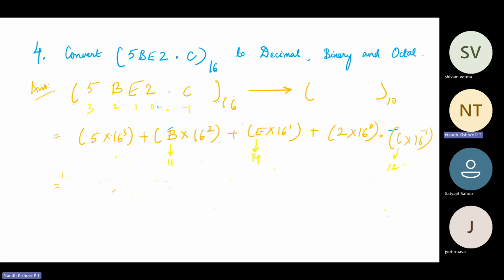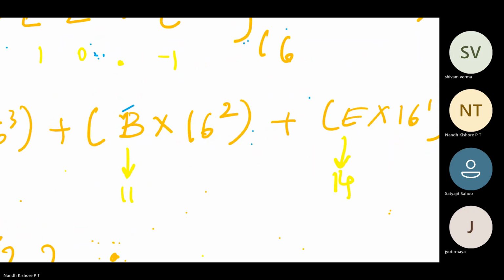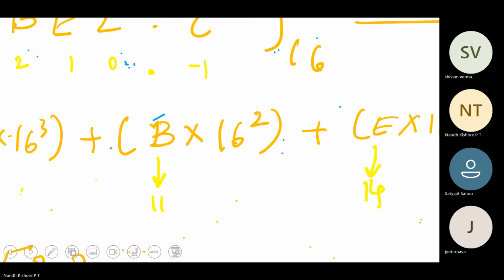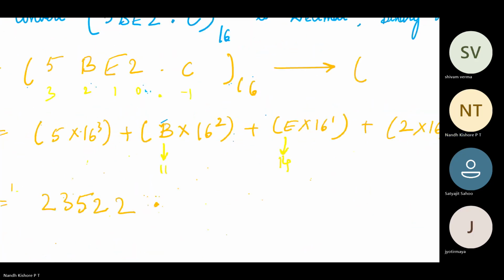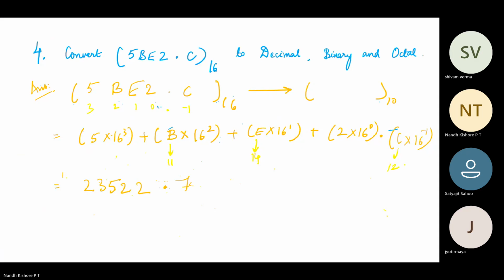So you get 23522.75. Okay, so we have multiplied with the base value.